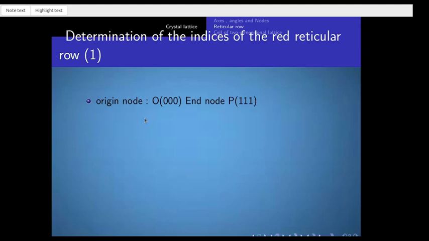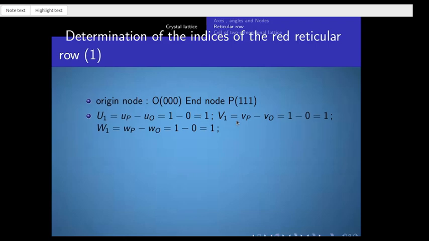And as shown earlier, we calculate the indices this way: U1 equals UP minus UO equals 1 minus 0 equals 1.